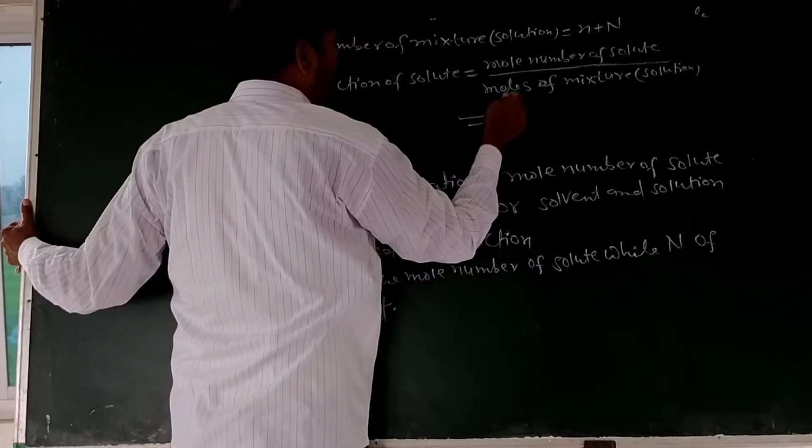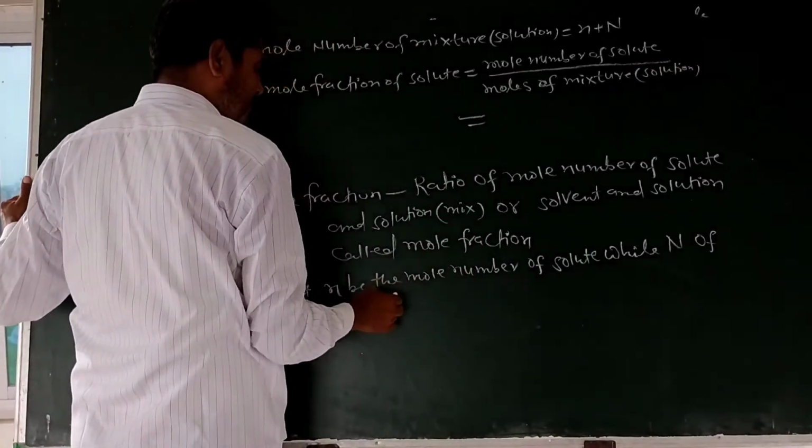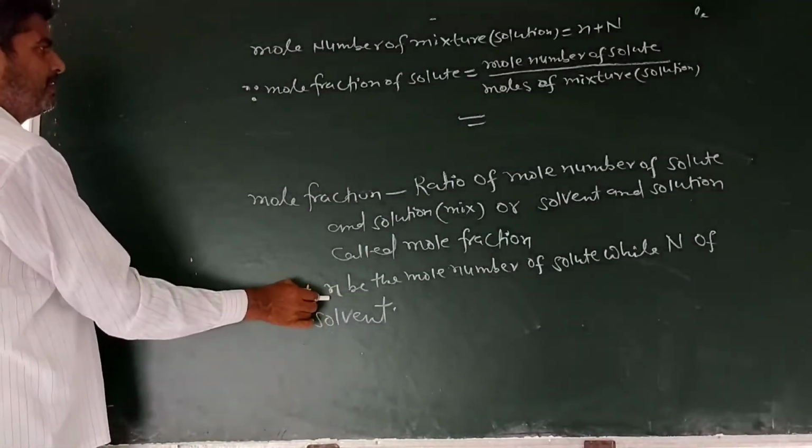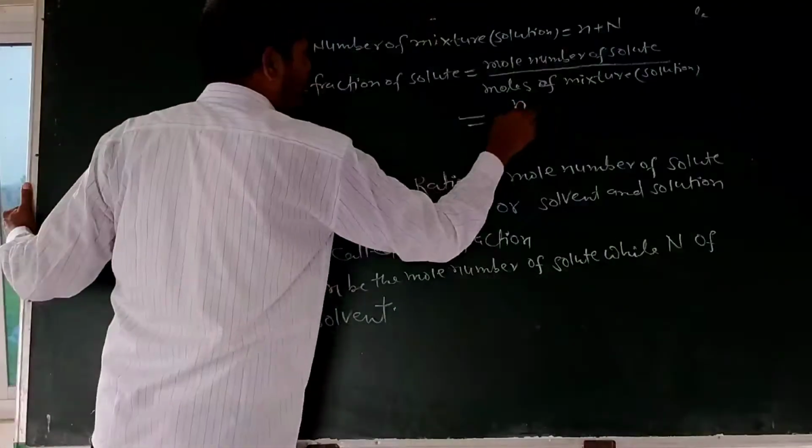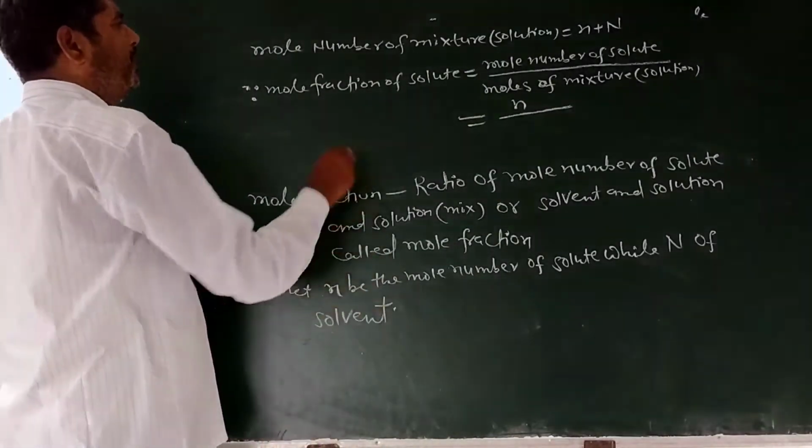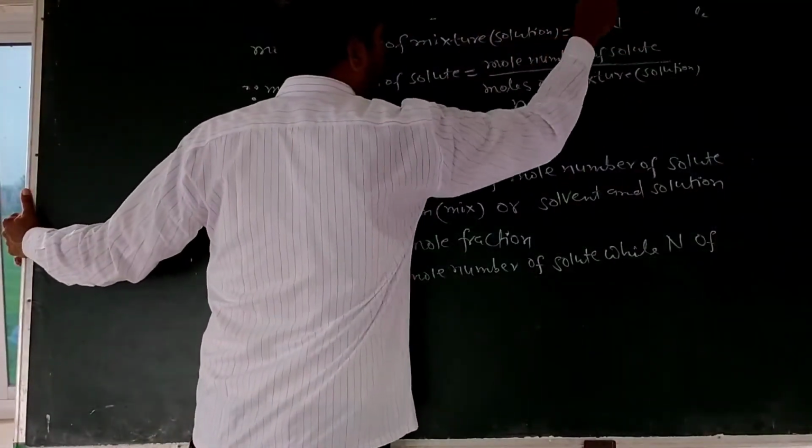So this will be equal to small n, the mole number of solute, upon moles of mixture, that is n plus N.